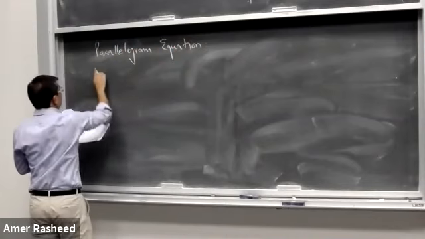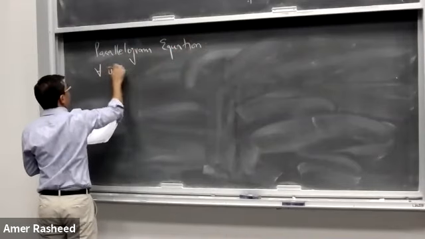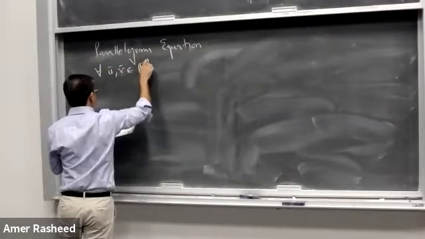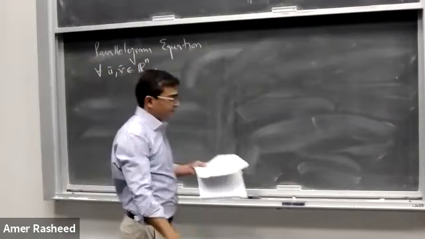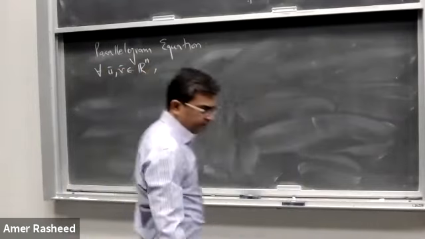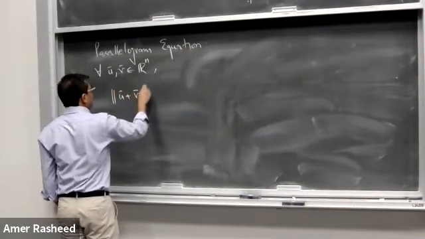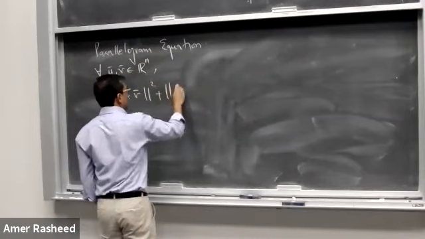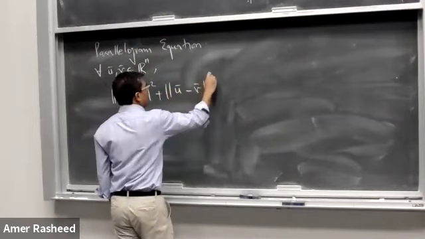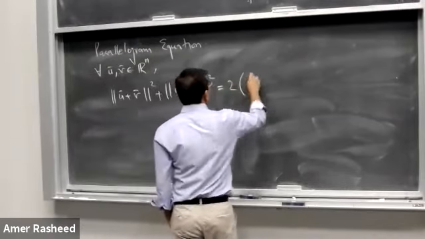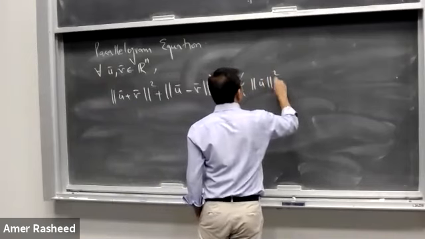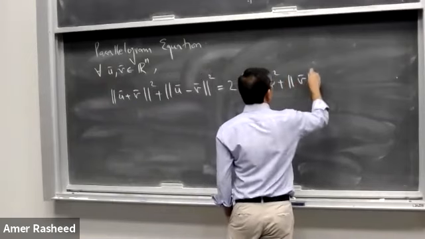For all u, v, two vectors belonging to Rn, we have norm of u plus v square plus norm of u minus v square is equal to 2 times norm of u square plus norm of v square.